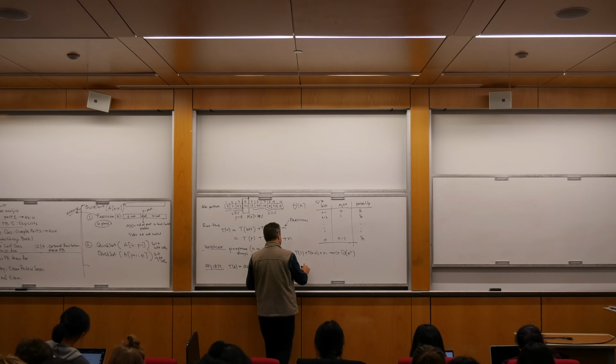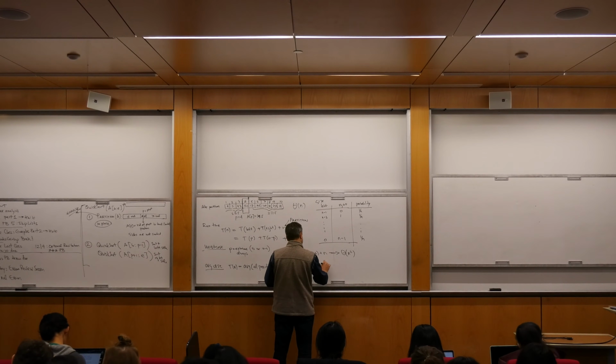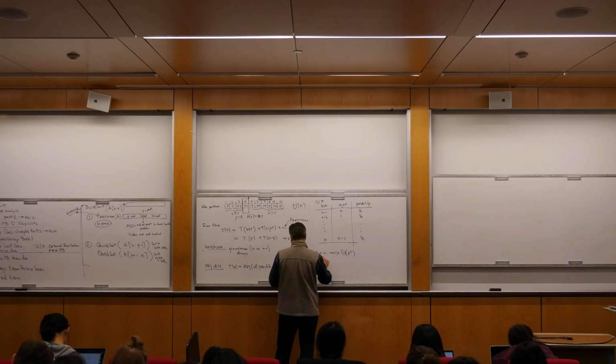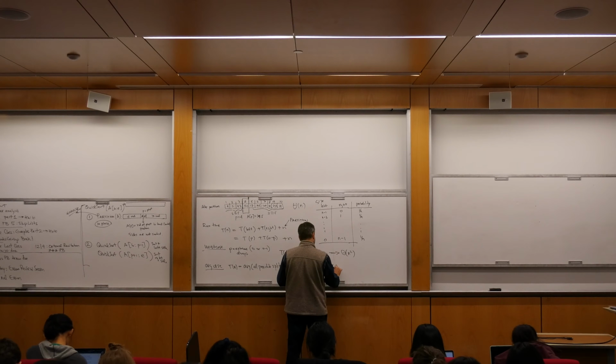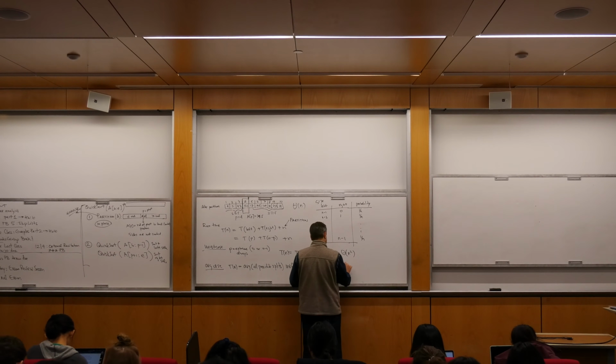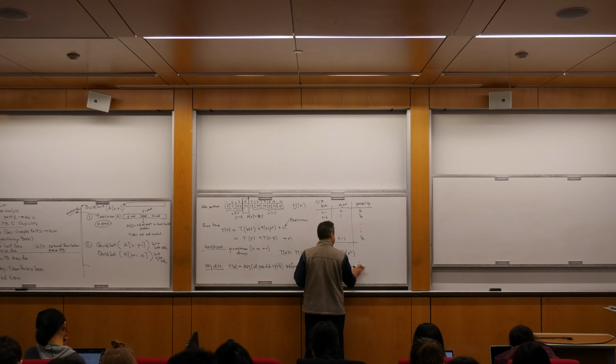So then I think I get T of n is 1 over n, sum from p equals 0 to n minus 1, T of p plus T of n minus p minus 1. Let's include the n in here to make it clear what it is.